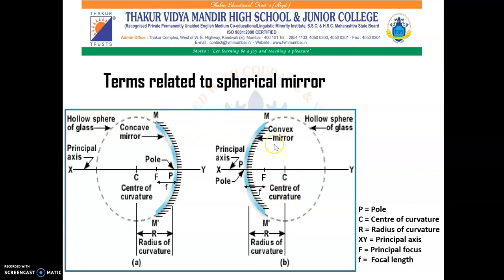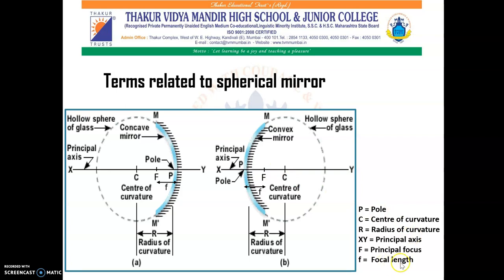In case of convex mirror, the incident rays parallel to the principal axis, after reflection, appear to come from a particular point behind the mirror lying along the principal axis. This point F is the principal focus in case of convex mirror.